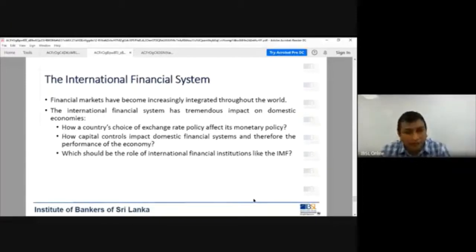How you match in the international financial system depends upon your choice of exchange rate policy and its impact on monetary policy, because most of the advanced economies, OECD countries, probably see a clearer exchange rate direction in terms of market-based exchange rate management. In other developing and emerging markets, there is a possibility that you have some managed aspects, the managed float.